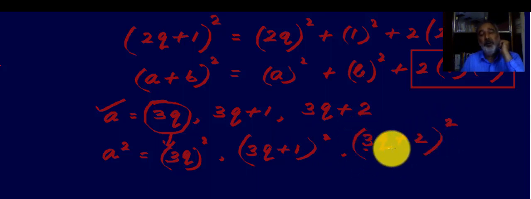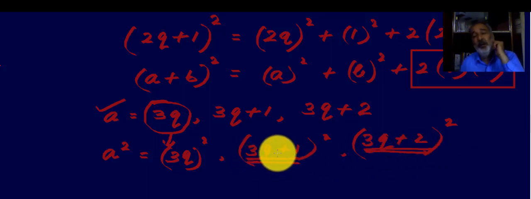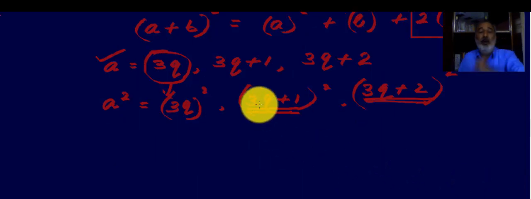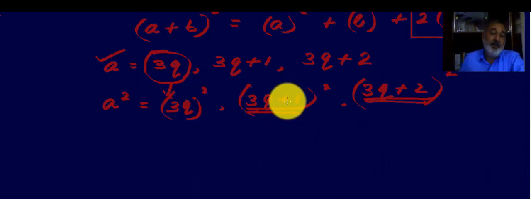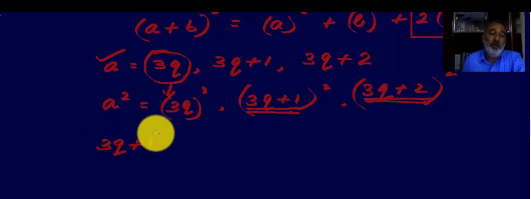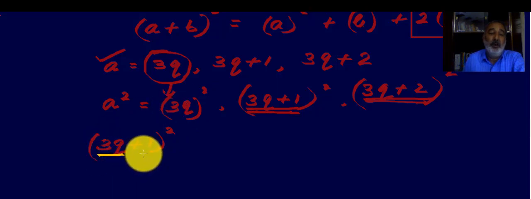Now you have to expand these expressions using formulae. How to expand these numbers? Let's try. Learn these expansions by heart. I am trying one for you. 3q plus 1 whole square is equal to the same pattern. I am taking this number as a and this number as b.